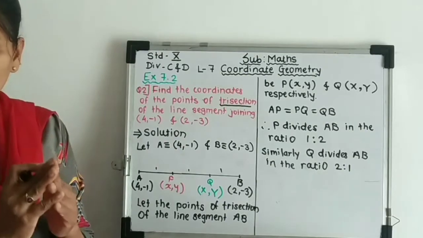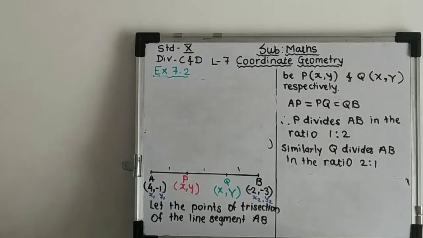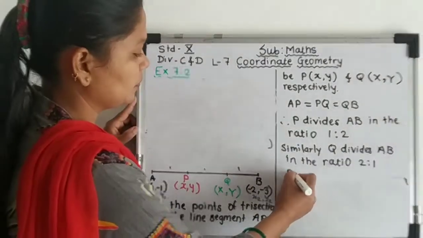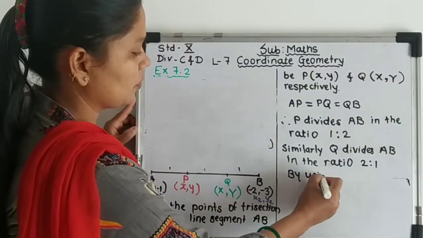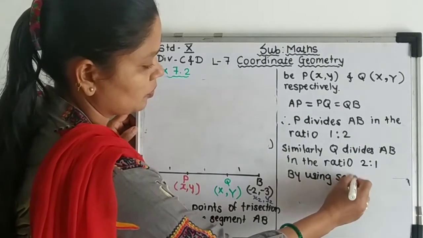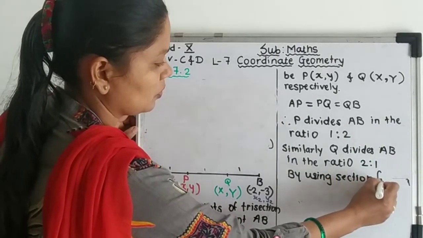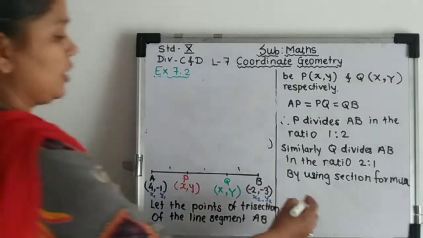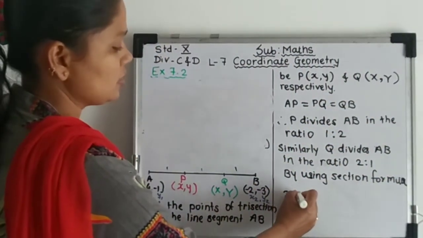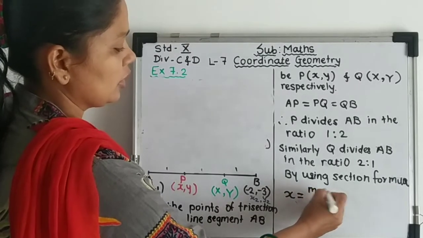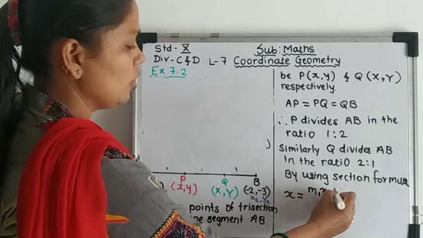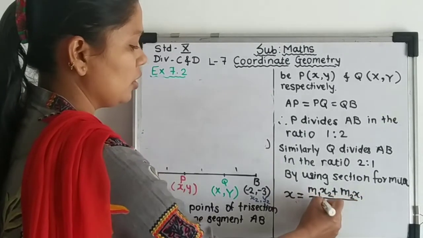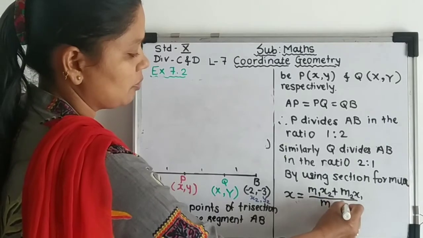So let us use the section formula. Let us write it down: x equals (m1 x2 plus m2 x1) upon (m1 plus m2).